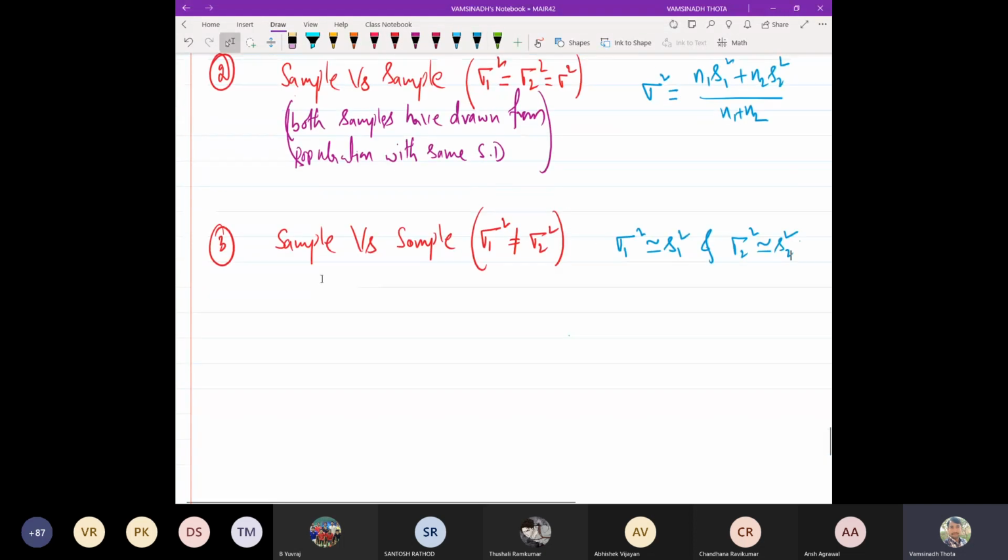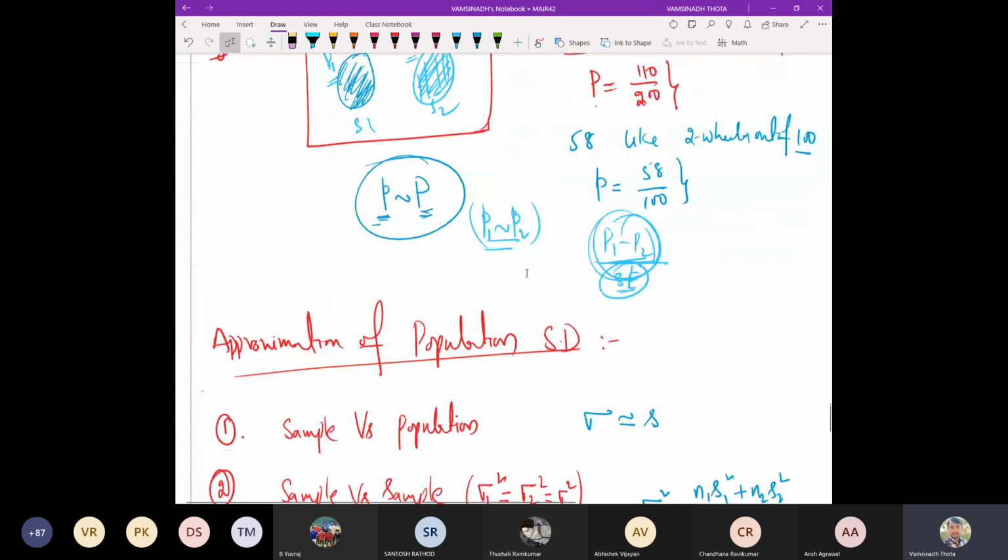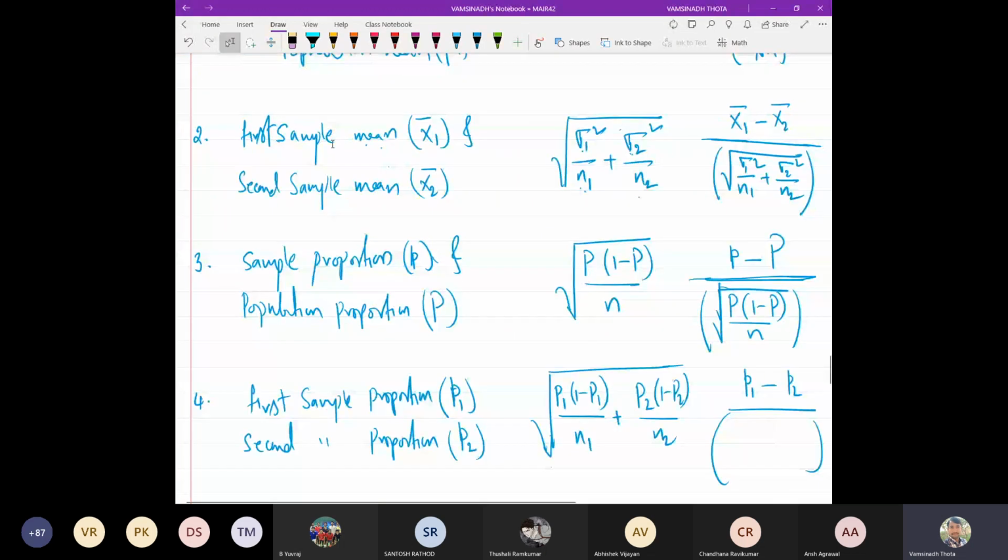Look at this: sigma 1 square upon n1 plus sigma 2 square upon n2. If we know that the two samples have been drawn from populations with different standard deviations, then sigma 1 square is approximated with the first sample's standard deviation, and sigma 2 square with the second sample's standard deviation.